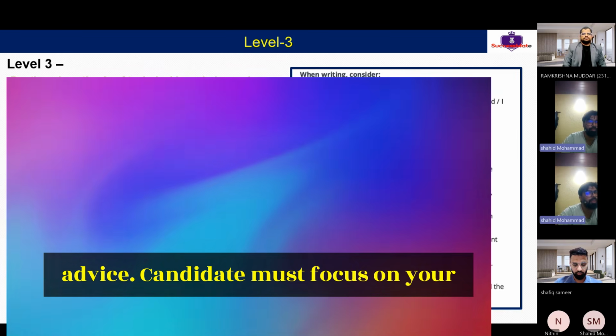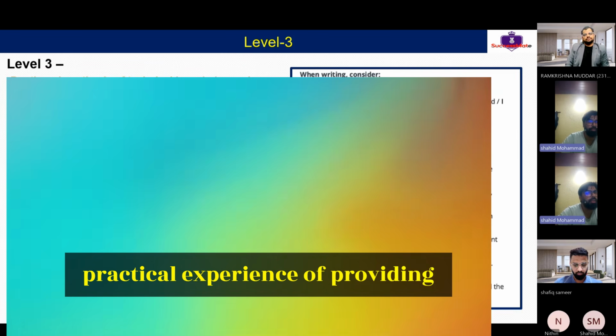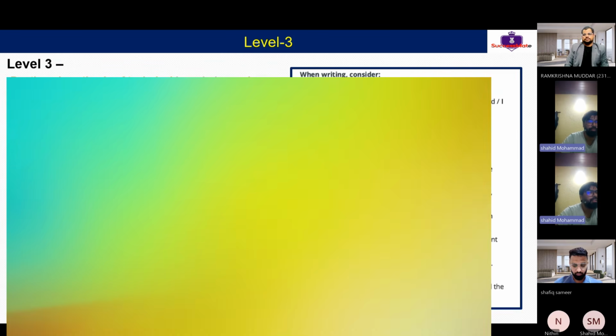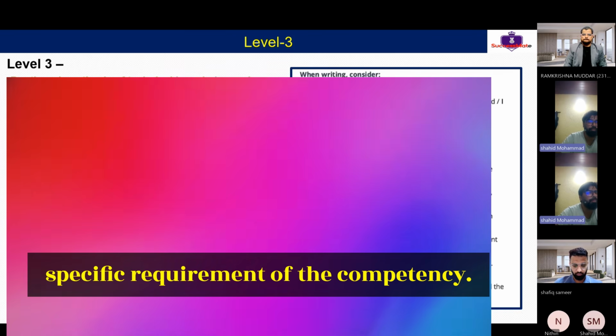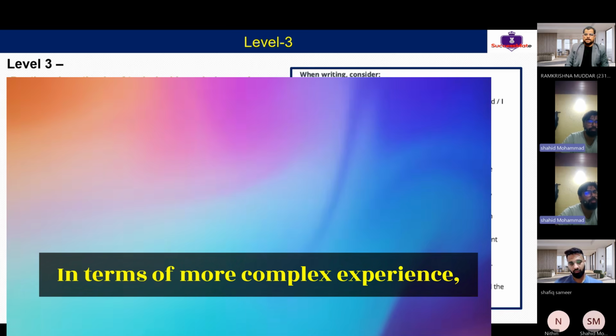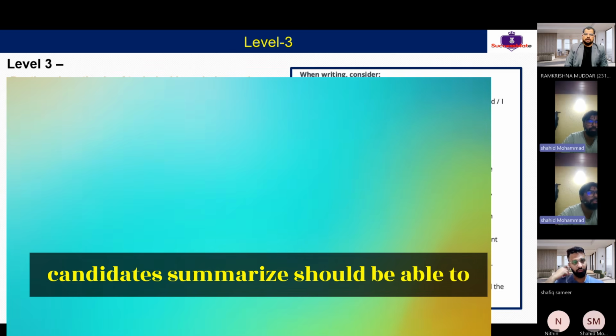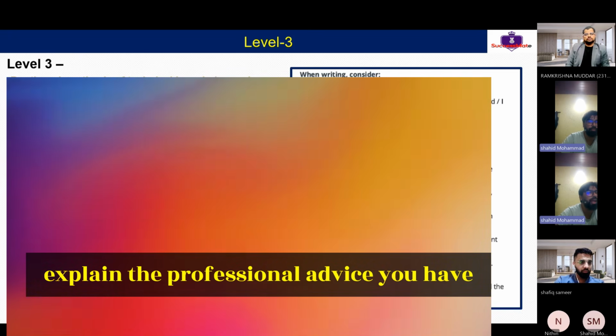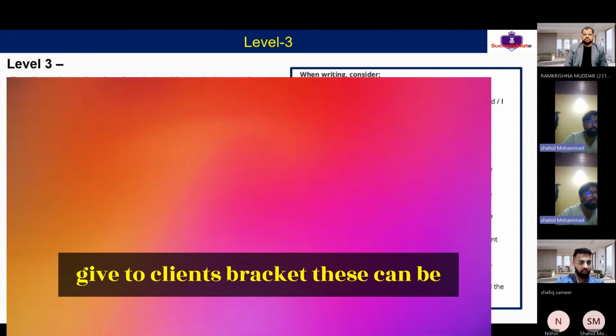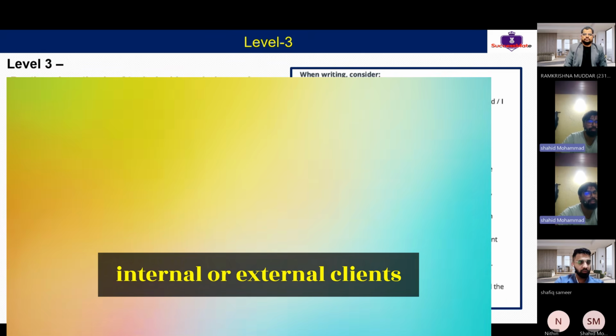Candidate must focus on your practical experience of providing reasoned advice that aligns with the specific requirement of the competency. In terms of more complex experience, candidates' summaries should be able to explain the professional advice you have given to clients. Bracket, these can be internal or external clients.